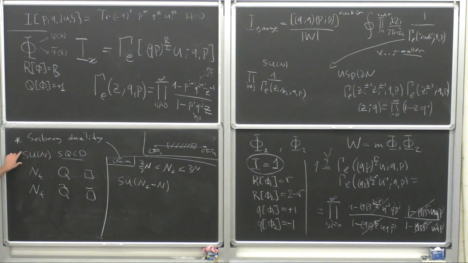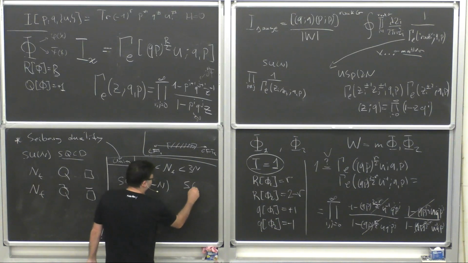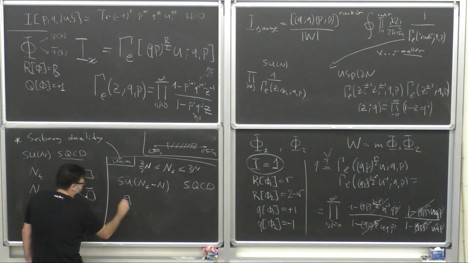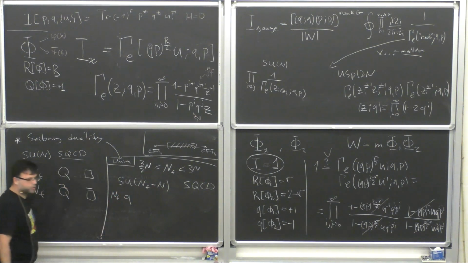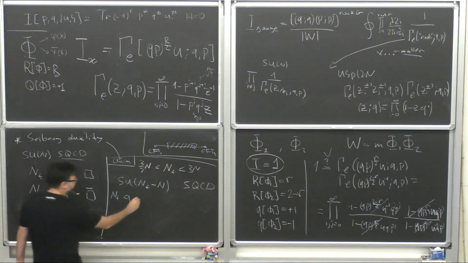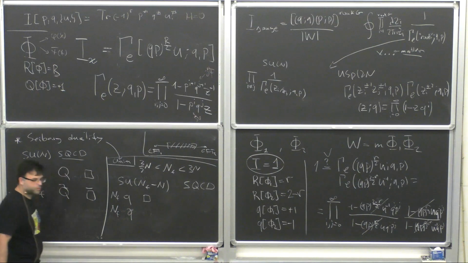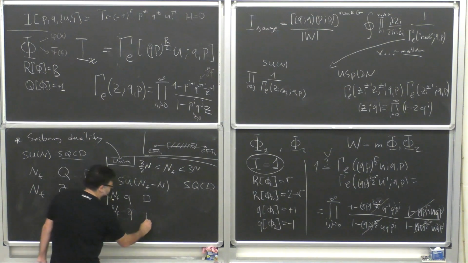Okay, so you consider a different SQCD with a different gauge group, SU(NF minus N), with other fields, with NF fields, which we will denote by small q, in a fundamental representation, and NF fields, which we will denote by small q tilde, which are in the anti-fundamental representation.